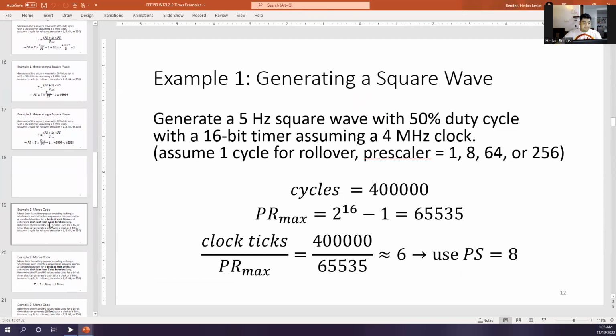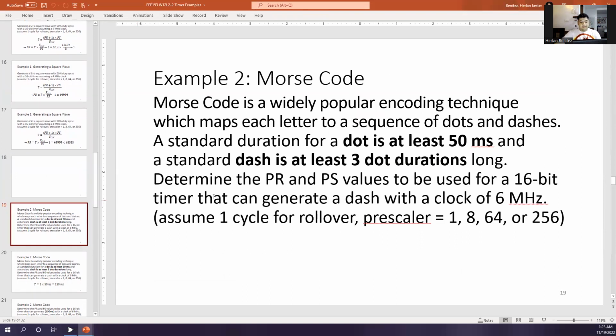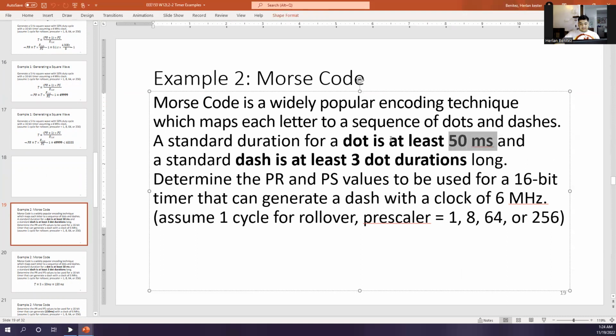Okay, example number 2, Morse code. If familiar kayo sa Morse code, it's yung parang encoding na dots and dashes. Yung standard duration natin for a dot is 50 milliseconds at least. And yung standard dash is at least 3 dot durations or 150 milliseconds.